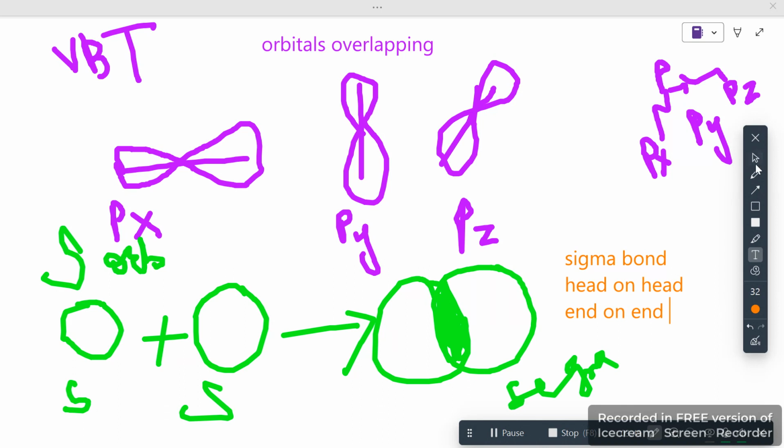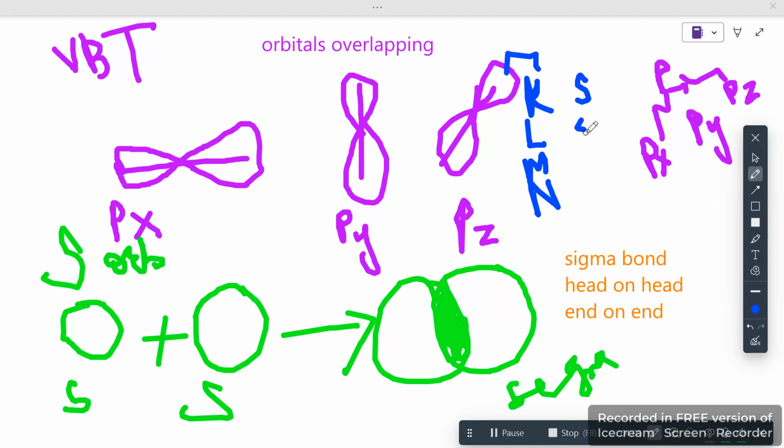How? As we know, if K is the shell, then this has only the s orbital. Then if we have L, we have M, we have N, these four are the shells.